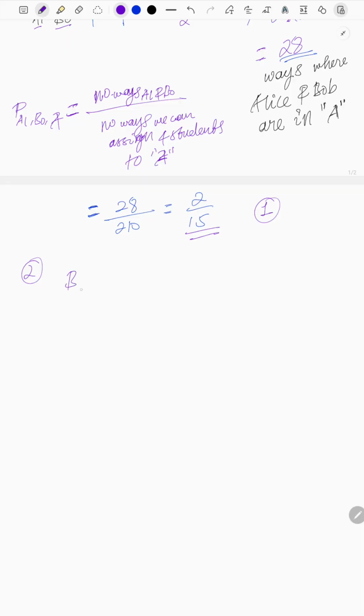The size of B is 6, and we have total number of students 10.